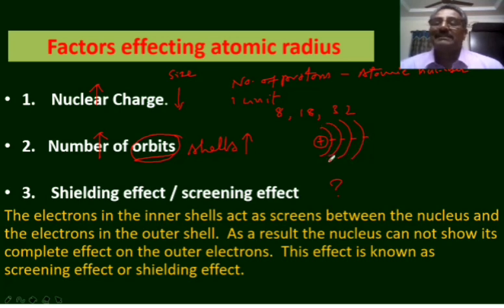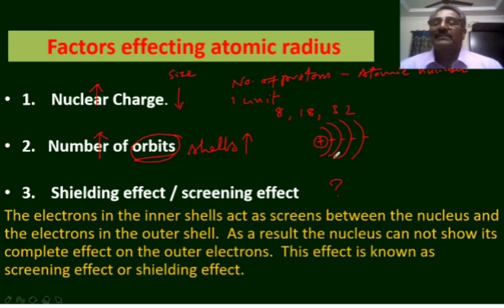The electrons present in the inner shell don't allow the electron present in the outer shell to have the complete effect of nucleus on it. That means the electrons present in the inner shells act as screens between the electrons present in the outer shell and nucleus. Because of this reason, the nucleus cannot show its complete effect on the electron present in the outer shell. This effect is known as screening effect or shielding effect.